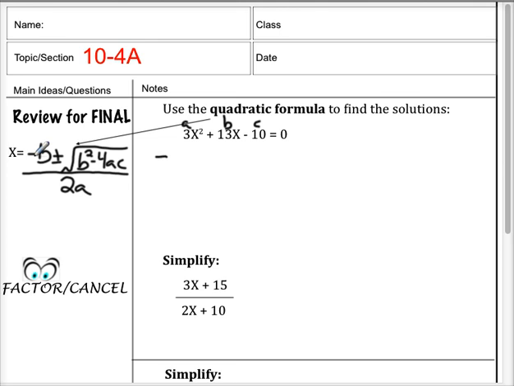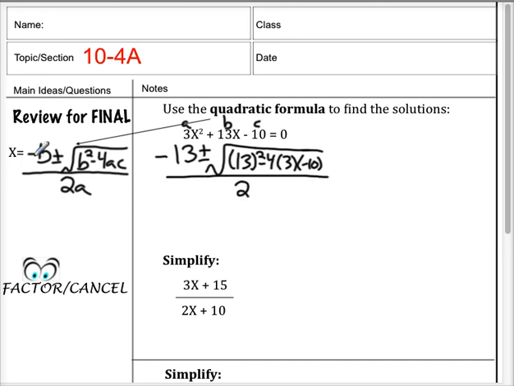So negative b plus or minus the square root of b squared minus 4 times a times c all over 2 times a. So recall that we begin just by plugging everything in where it belongs.